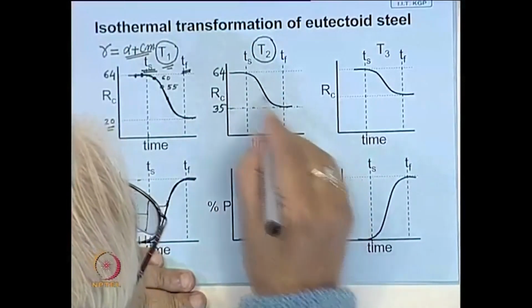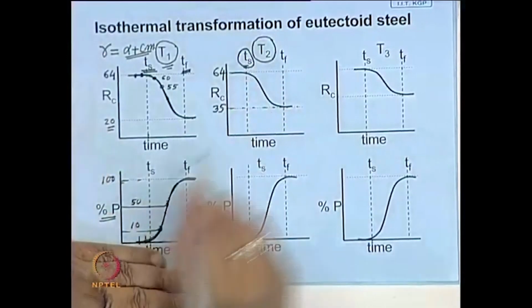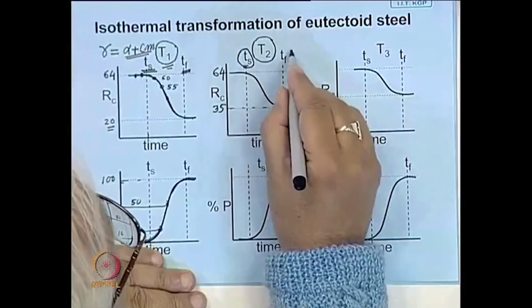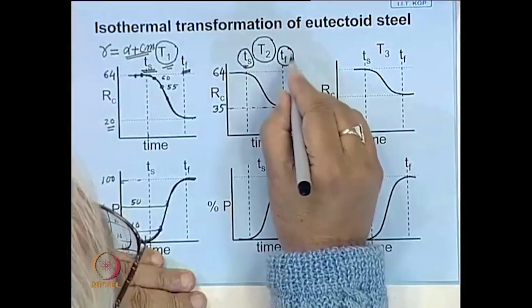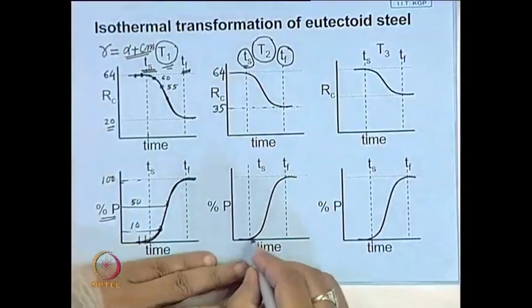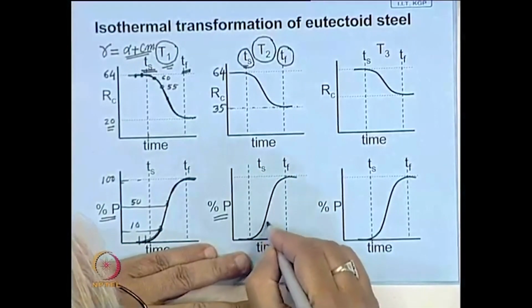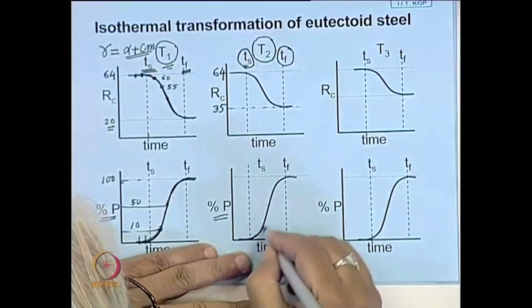And then here also you try to find out the time at which the transformation begins or starts, and the time when the transformation is over, that is the finishing time. Similarly, you can look at the percentage of pearlite from the microstructure.